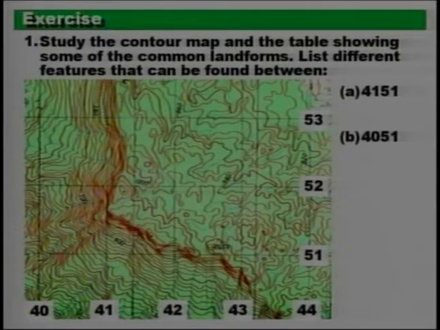This feature here is a bit too long to represent that feature, because an escarpment should have the contours closer together on one side and further apart on the other. But this one is a bit too long, it goes all the way there. So it cannot show an escarpment, unless it's a circular hill, but closer on one side, further apart on the other side. So double check. There could be other features that you could find in there.